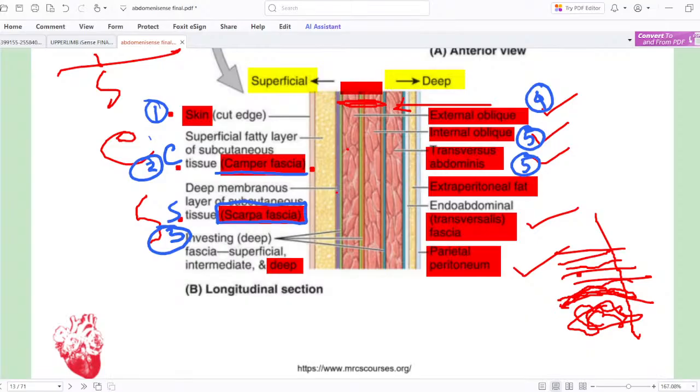Extraperitoneal. So, doctor, where is the rectus abdominis?